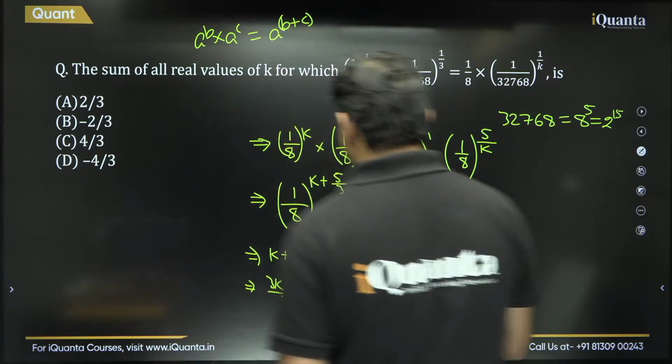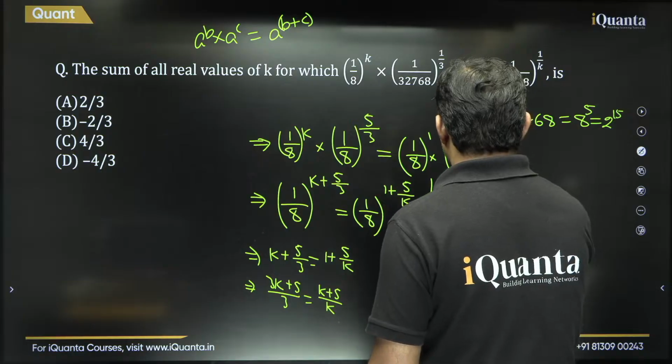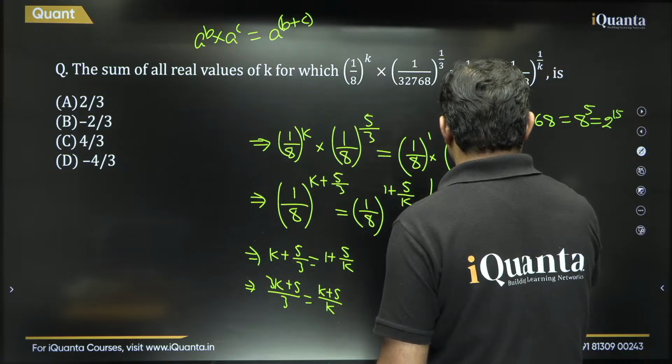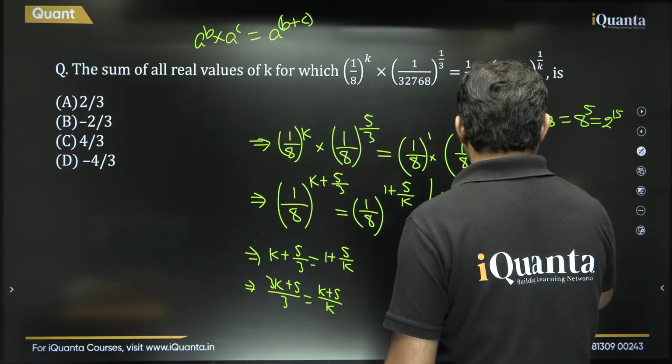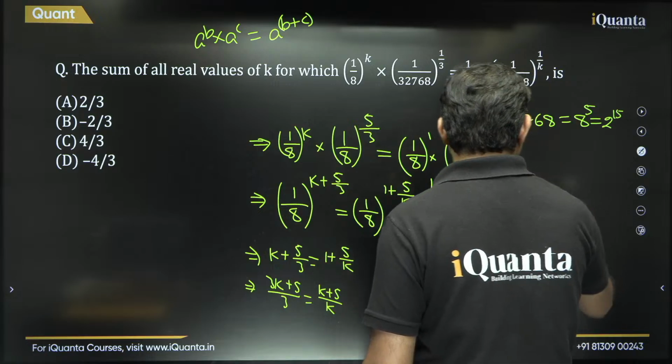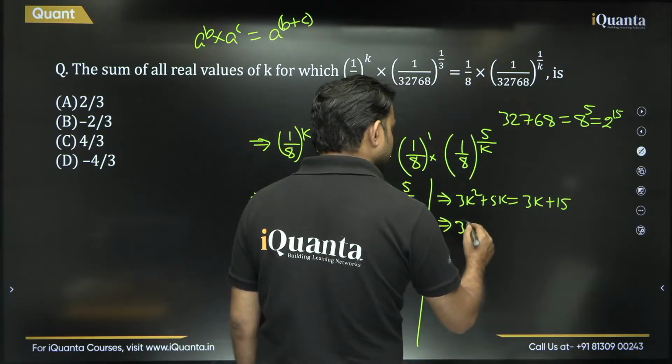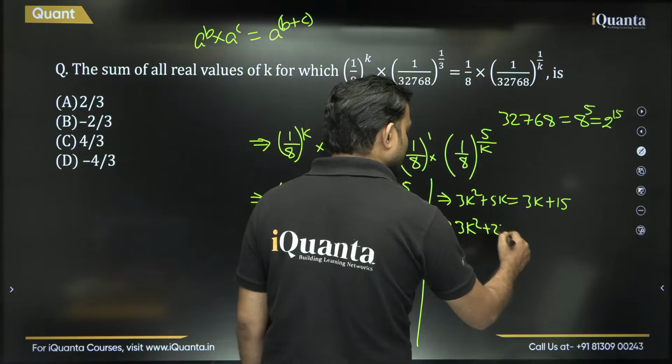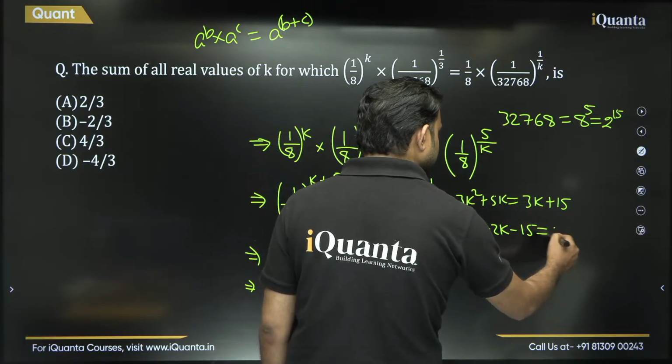By cross multiplying, we get 3k² + 5k = 3k + 15, or 3k² + 2k - 15 = 0.